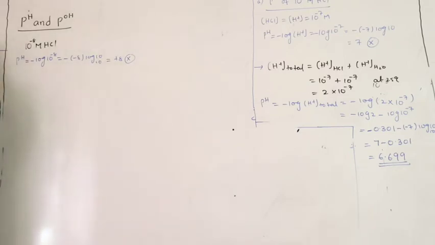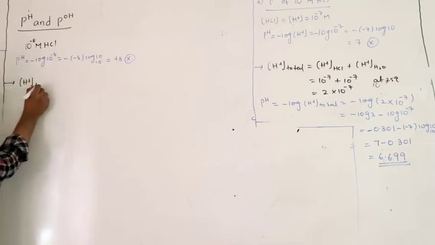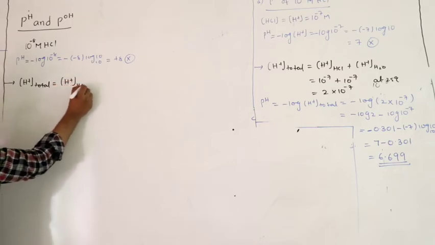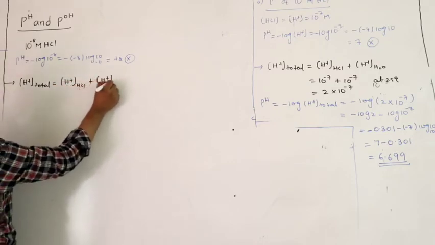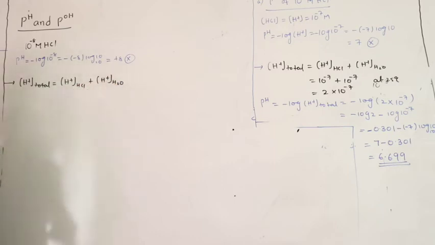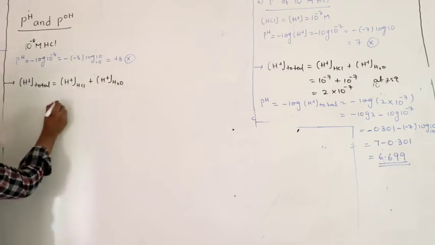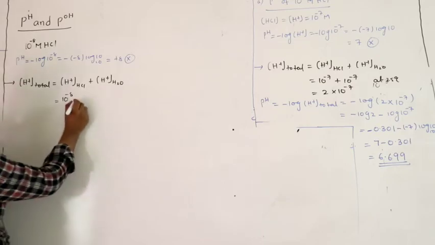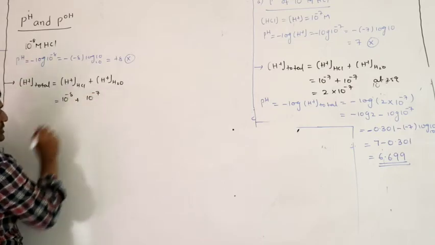So what I have to do is find the total H plus ion concentration. Total H plus ion concentration is equal to H plus ion concentration from HCl plus H plus ion concentration from water. For HCl, molarity equals normality. So 10 power minus 8 molar is nothing but 10 power minus 8 normal. For water, it is 10 power minus 7.